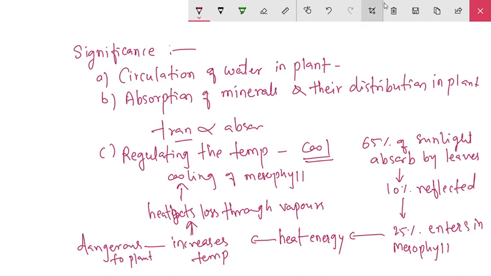Then the next factor: transpiration increases the concentration of solids and osmotic pressure.